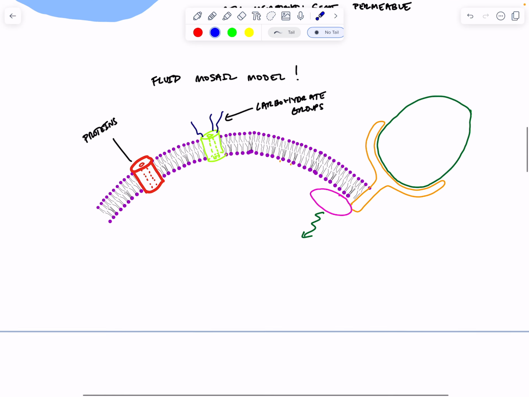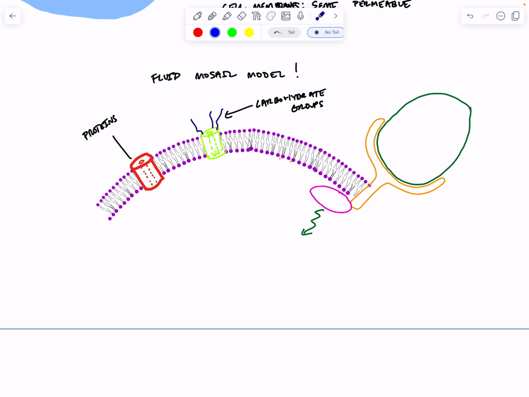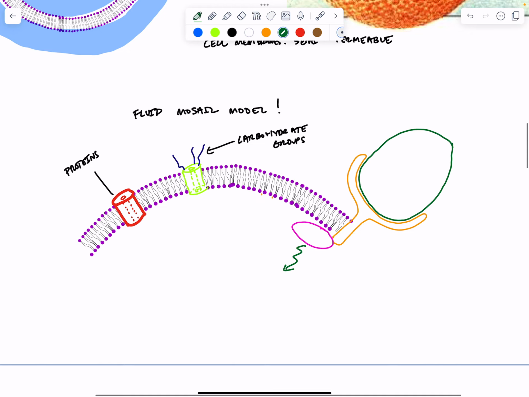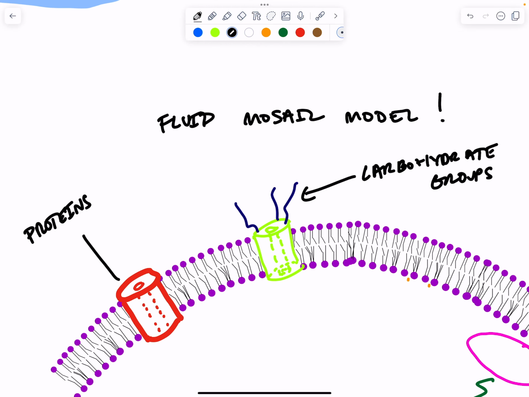So for example, if this is a hormone, we might be getting the signal to start making a new protein when this molecule is signaled to go do something inside of the cell. Okay, so that kind of gives you the impression of why we call it a mosaic.